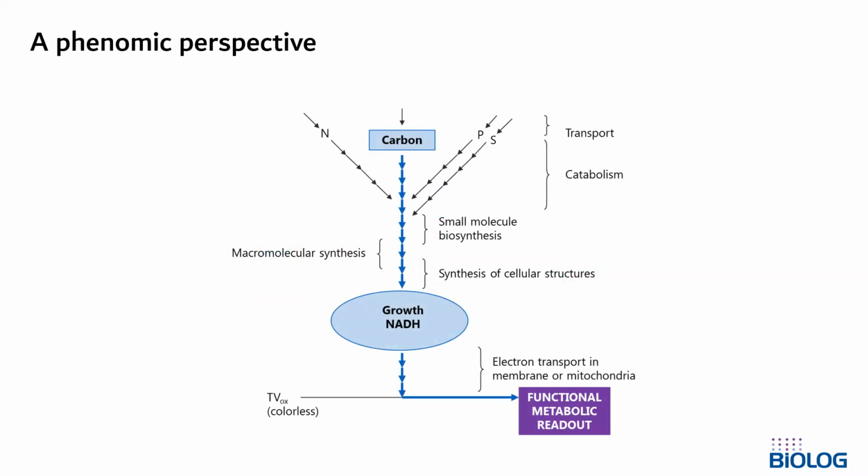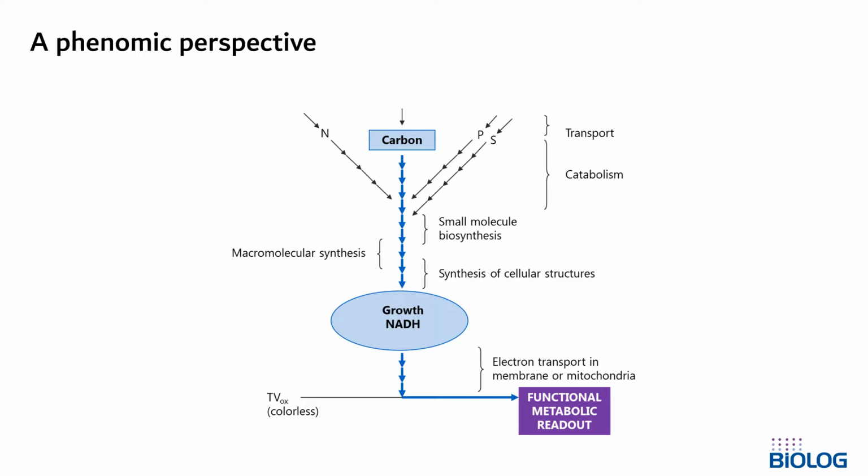So we've taken a different approach and instead focused on cellular phenotyping using a universal respiration reporter that we can link to many different compounds or conditions to get a functional metabolic readout. We have a series of redox reporter dyes that allow us to link cellular respiration to our compounds of interest or different conditions.